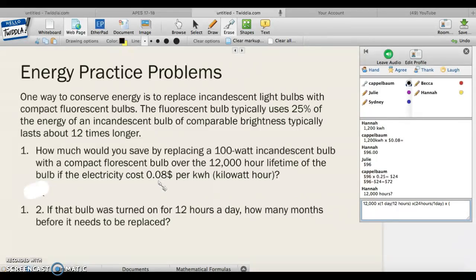And we're also going to make the assumption that there's 30 days in a month, and I'm doing a quick side calculation. For every 1 month, you're going to have 720 hours, and that's a quick little calculation you can make to determine hours per day times number of days. So what would be our number of months that light bulb would last?